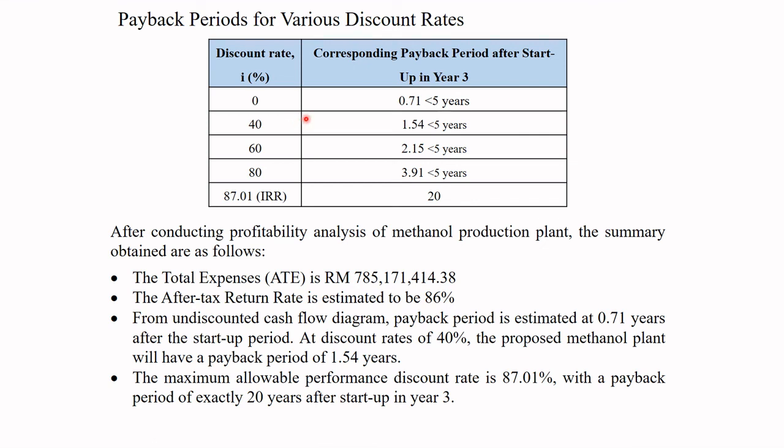It can be seen that the payback period is 1.54 years, 2.15 years, and 3.91 years for 40%, 60%, and 80% discount rates respectively. Within the period of 20 operating years after the startup in year 3, the net present value equals 0 if the interest rate equals 87.01%. 87.01% is the internal rate of return, which is known as the maximum allowable discount or decline rate.